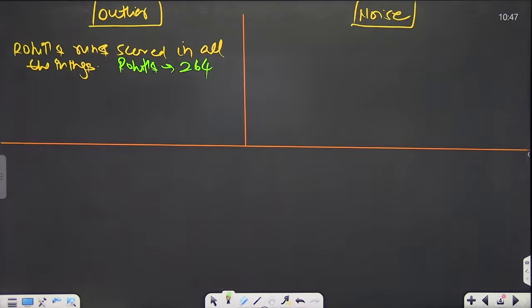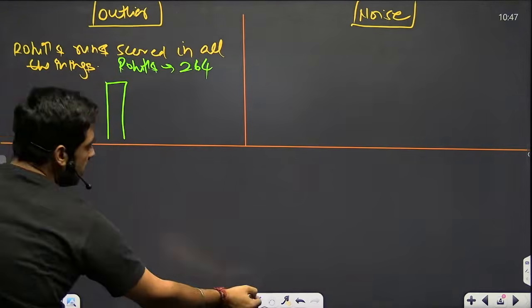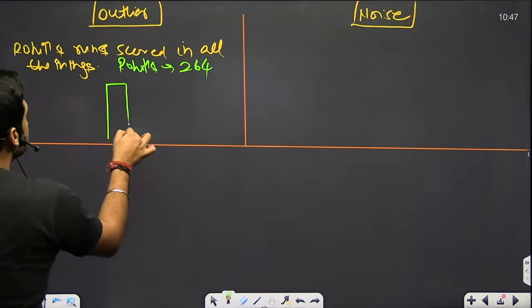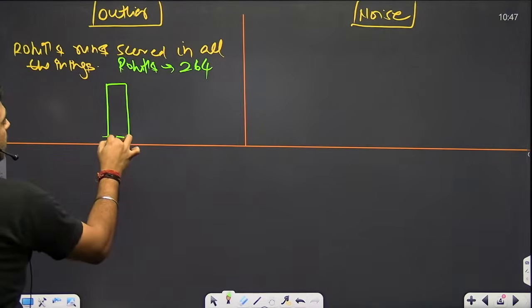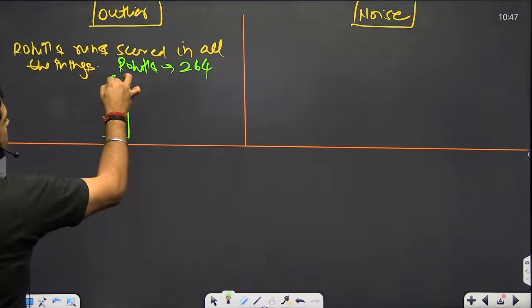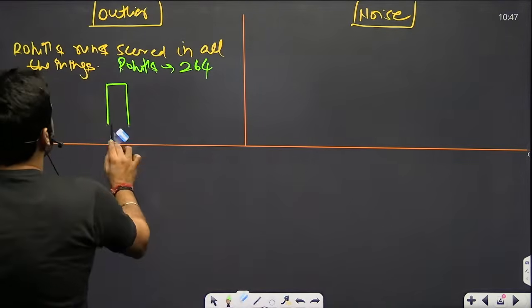Now if I try to make a box plot of Rohit Sharma's innings, don't you think the majority of the scores scored by Rohit Sharma are around where? I'll just draw it here.